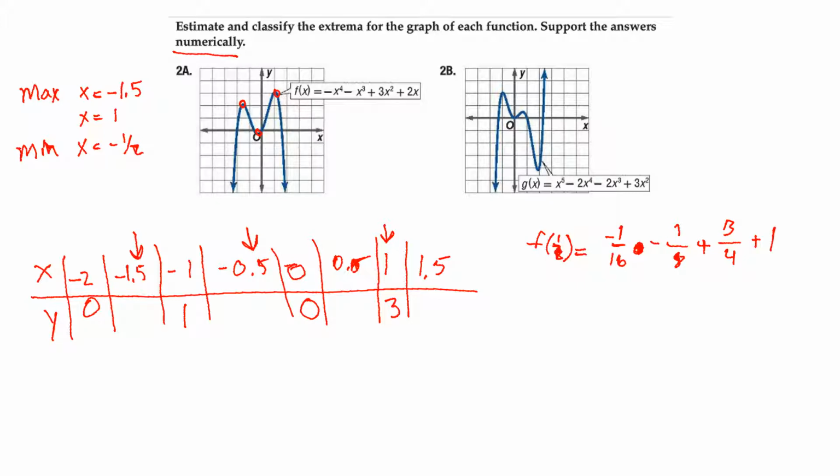So as I plug these in, this is 8/16, so -7/16, and this is going to be -7/16 plus, well, this would become 12/16 and 16/16, so 12 and 16 will give me 28/16.